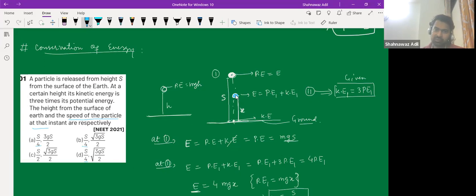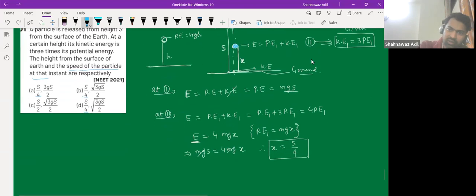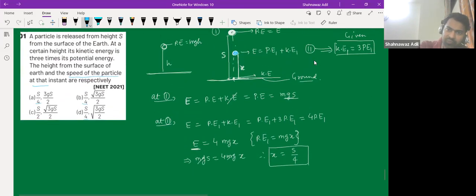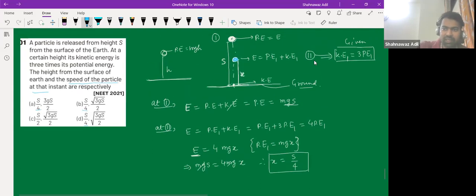Which relation can we use? No, there is no graphical method, no variable force. Just look at the definition. What is kinetic energy?